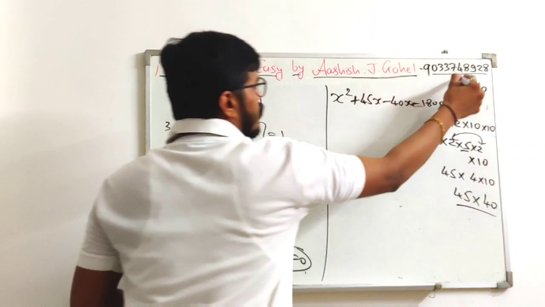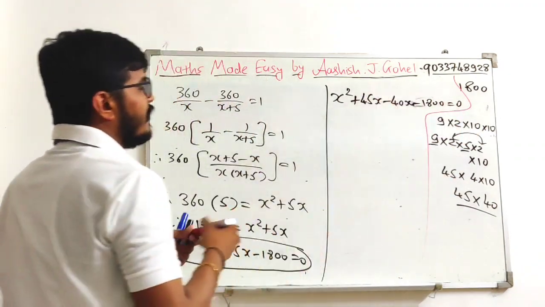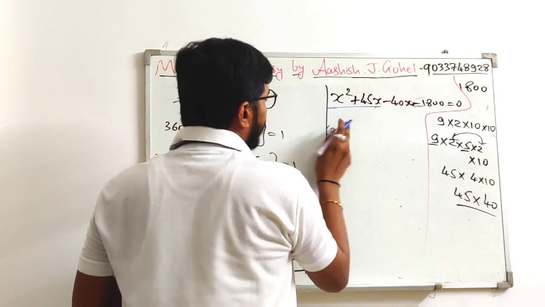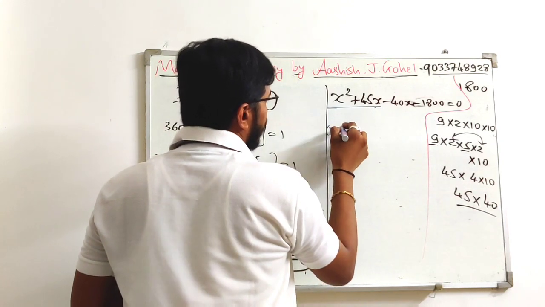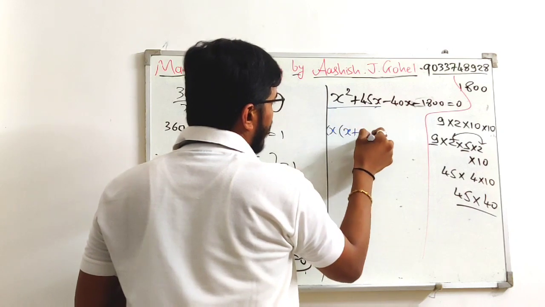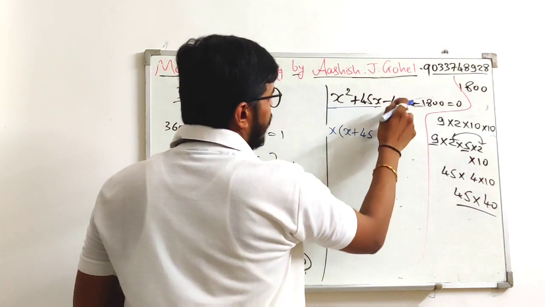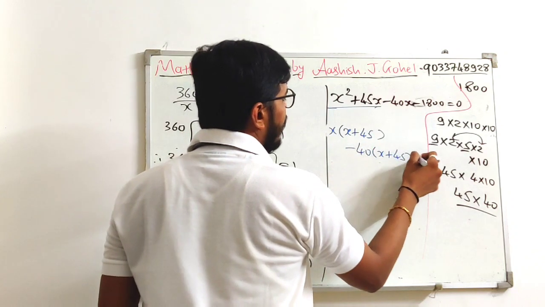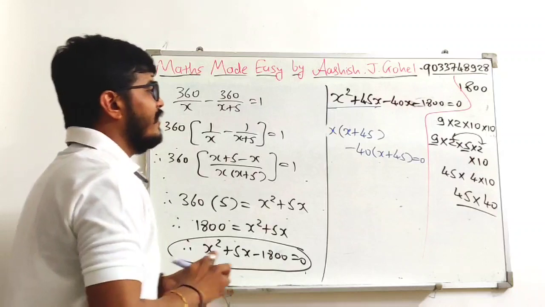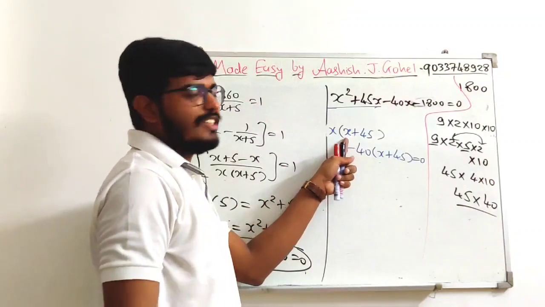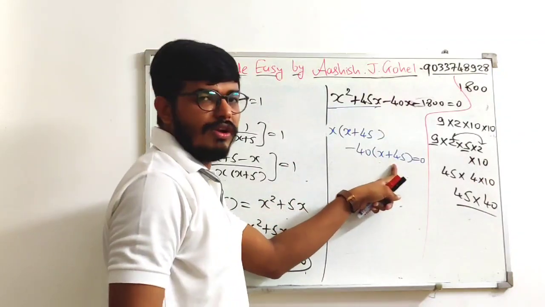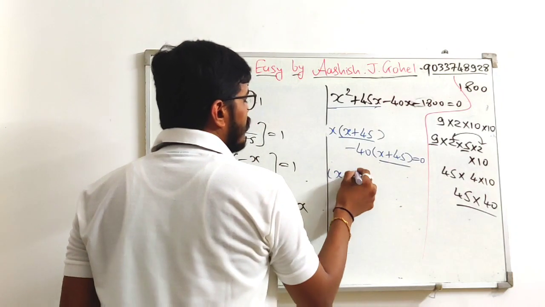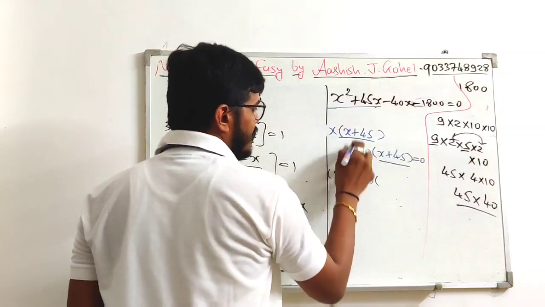So here we can take x common, inside bracket x plus 45. Then if I take minus 40 common, then inside bracket again x plus 45. I told you that whenever you write down this first bracket correct, then the same bracket will be there in the second term also. Now this total bracket will get common. So x plus 45 and the remaining terms are x minus 40.